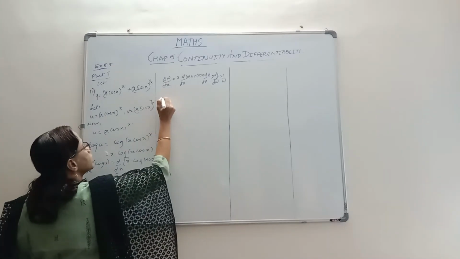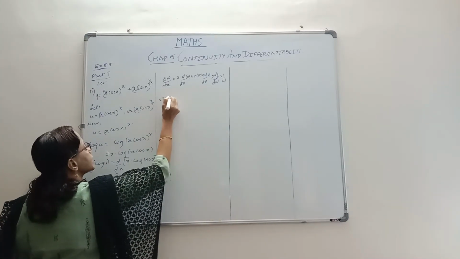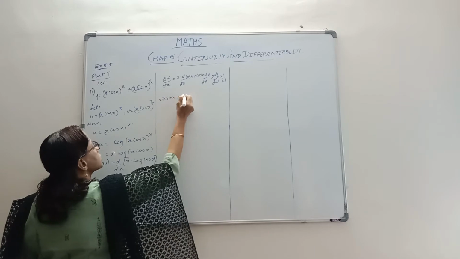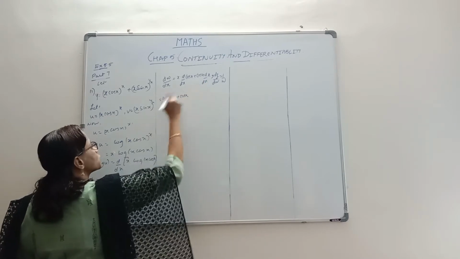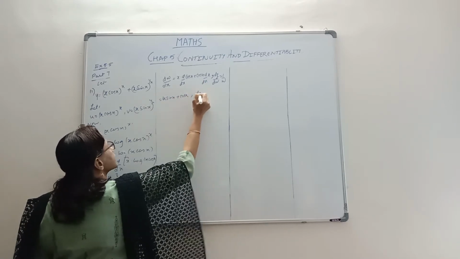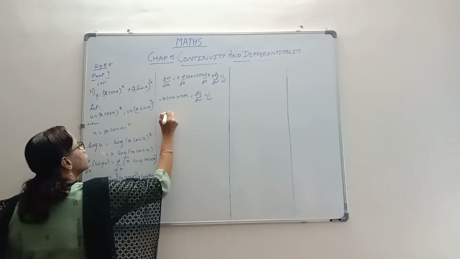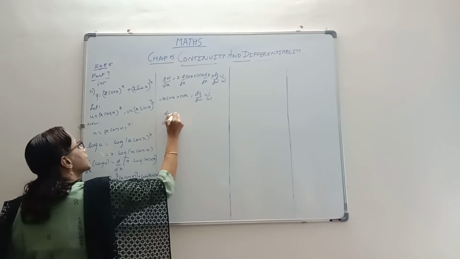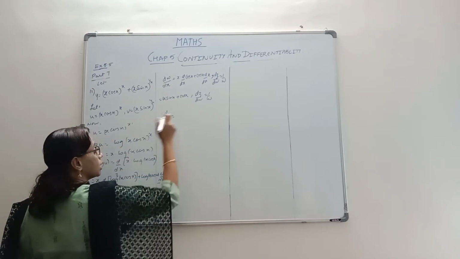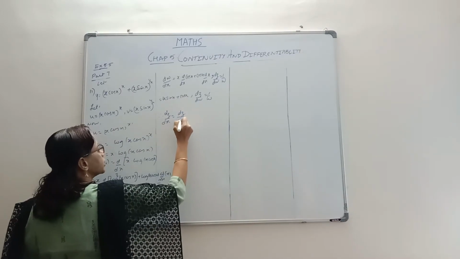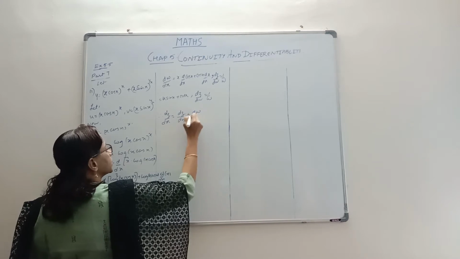Here also let's see what comes. x times the derivative of cos x is minus sin x, and cos x times derivative of x with respect to x is 1, so only this much is left. And dz by dw, as usual we have got it as 1 by w. We have to get dz by dx, and that by the formula of chain rule is dz by dw into dw by dx.